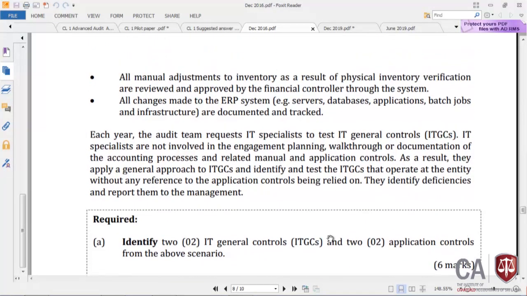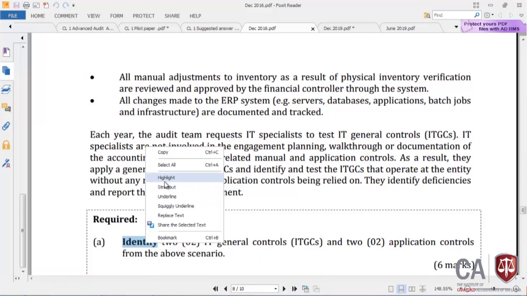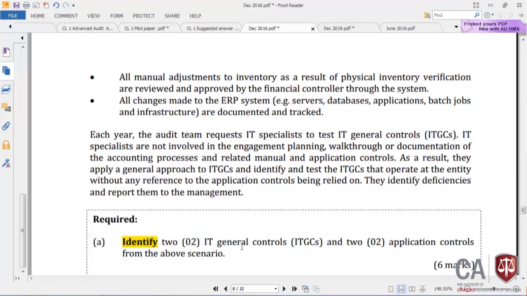Part A of the question: identify 2 IT general controls and 2 application controls from the above scenario. The action verb is identify only.